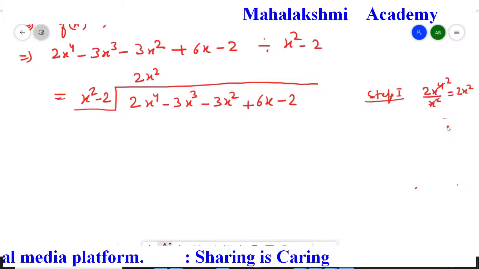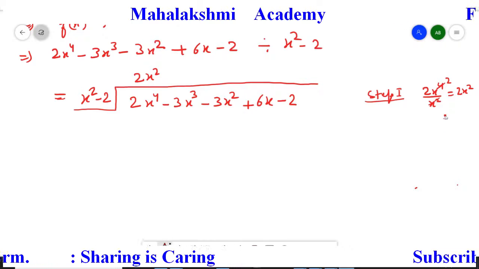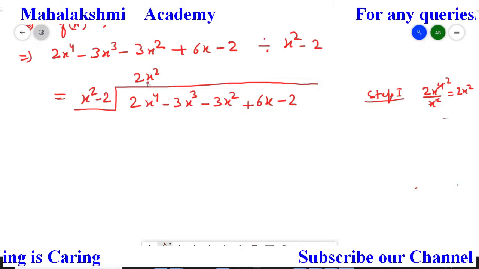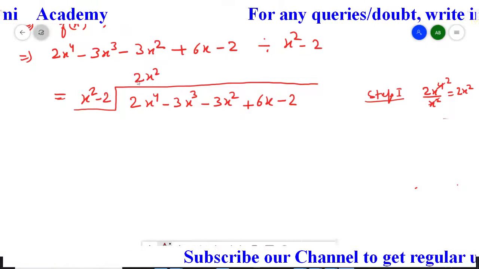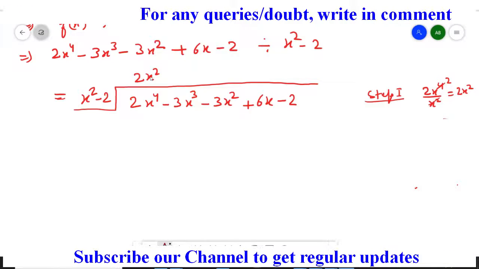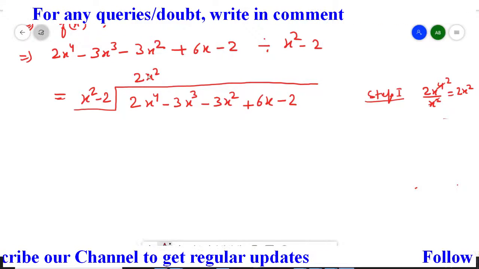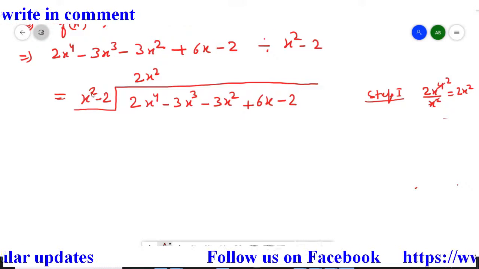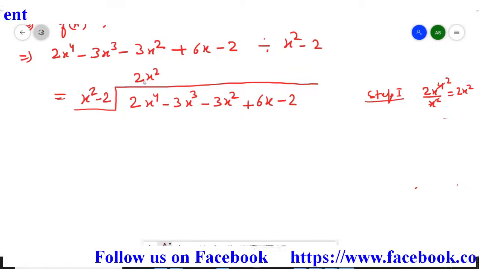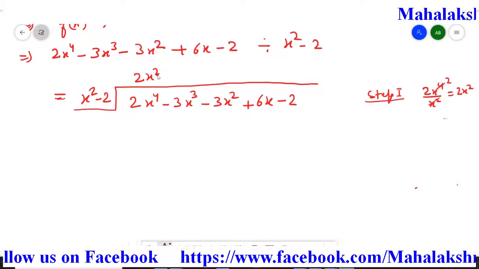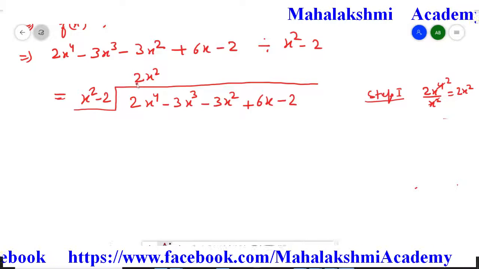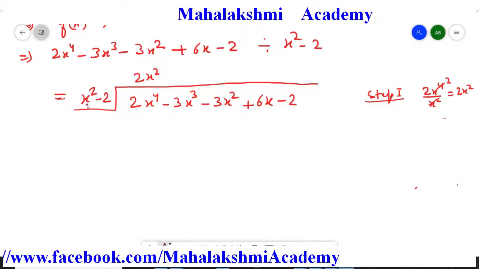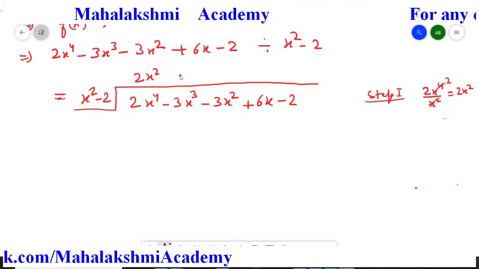Now one by one we are going to multiply. First we multiply 2x square by x square, that will give us 2 multiplied by x square into x square, which is x to the power 4. Powers you have to add: here power is 2 and here also power is 2. So we get 2x to the power 4, that we will write down here.